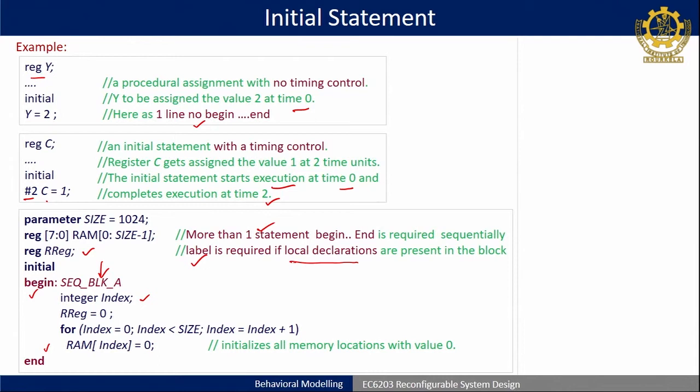You need to remember this. This is a small example code to initialize all the memory locations of the RAM with a value of 0. How can you initialize memories to 0? They have used a for loop. This is a small demonstration of how to use begin end and where to use a label.